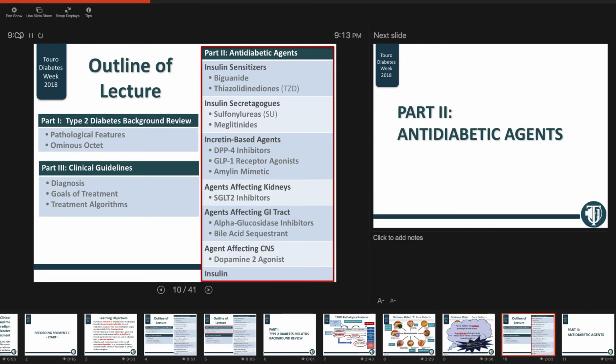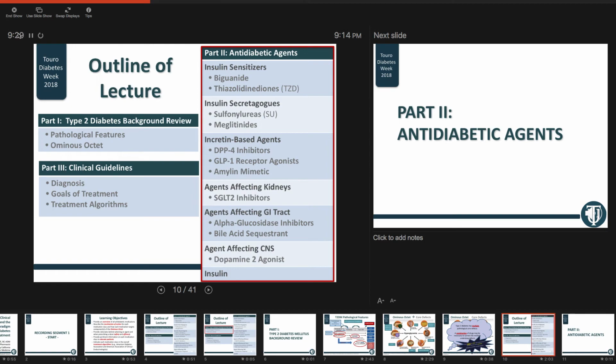So how do we do that? There are many drugs that have been produced to achieve this goal. We divided all these drugs into 7 main classes, but under each class, we have some subclasses.